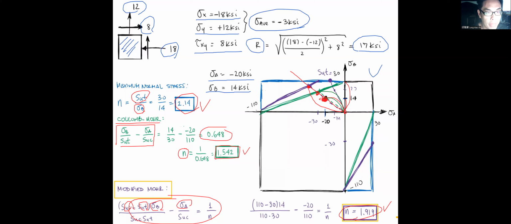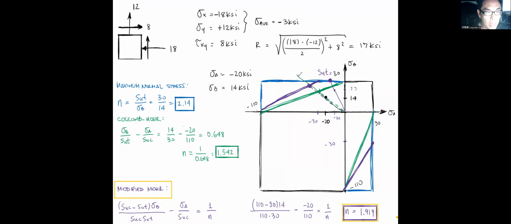If we call this line the loading line, and this line is rotated clockwise, we have a new loading line right here. What does that mean? That means the safety factor will change. Will it change higher or lower? Lower, right?